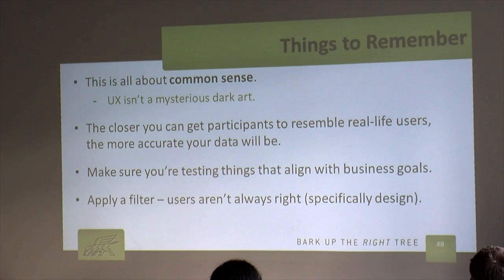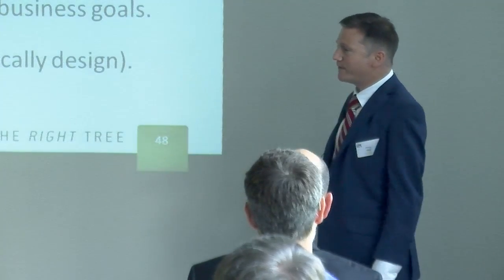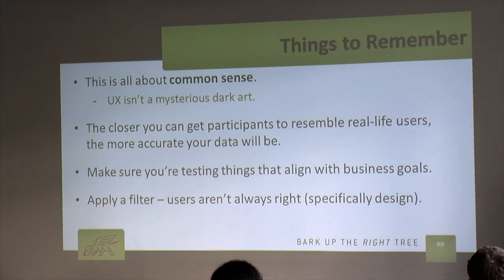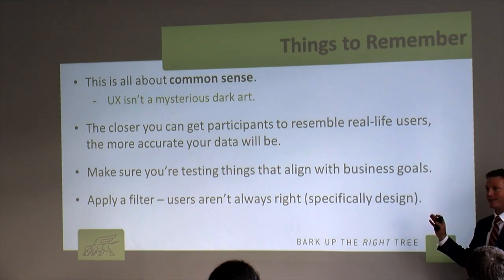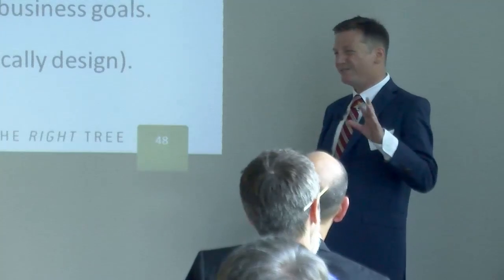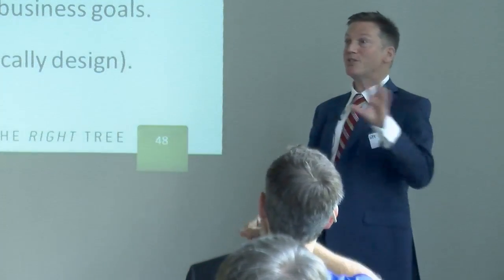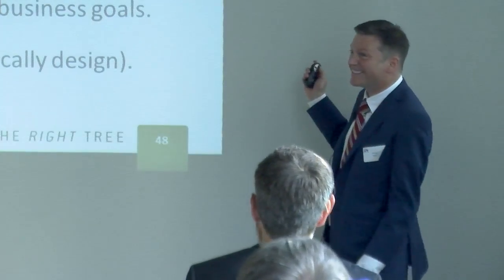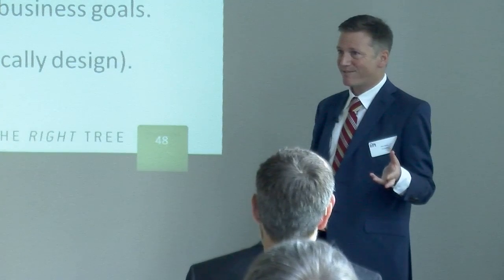There's often times when you need to get rid of the nice to know to make way for the need to know. And the final thing is apply a filter. I know I said earlier you've got to put yourself in a space where you convince yourself you don't know everything. Well, you're still really smart. When users give opinions about especially design elements, like I don't like this color, purple, ooh, you don't need to be paying attention to stuff like that.